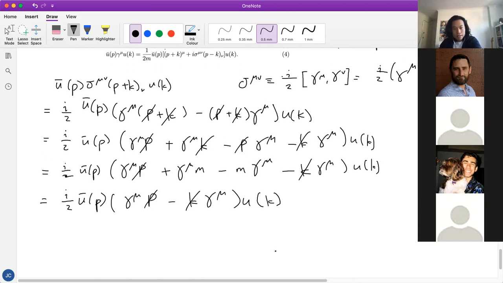Now then, this is going to take a little bit of algebra. So let me write the thing out without the slash notation to make it a little more obvious.